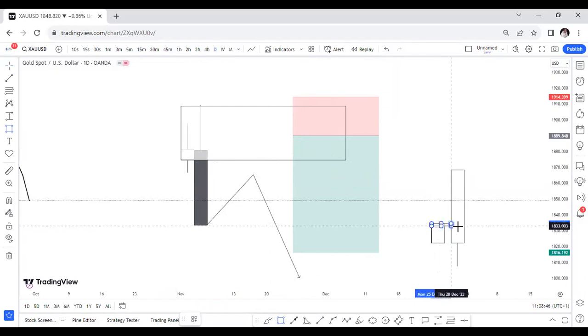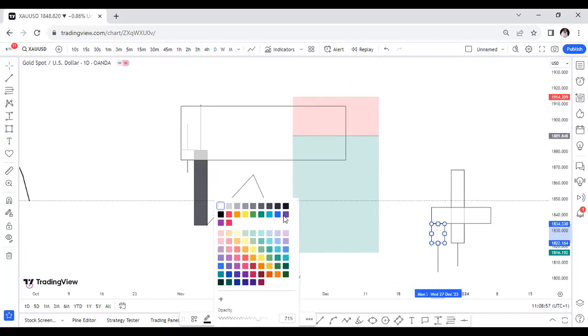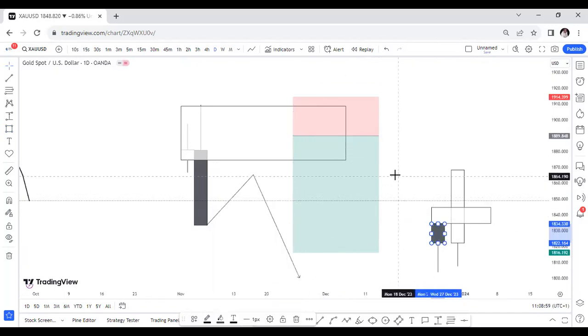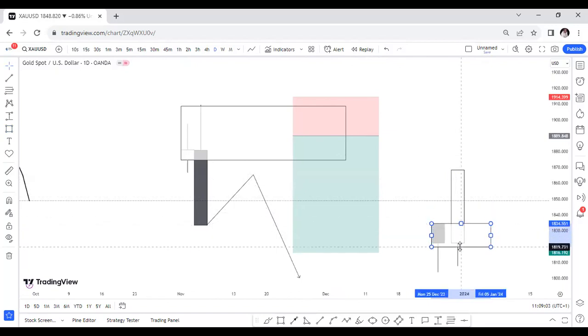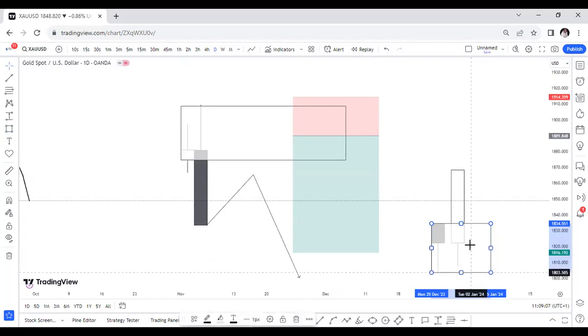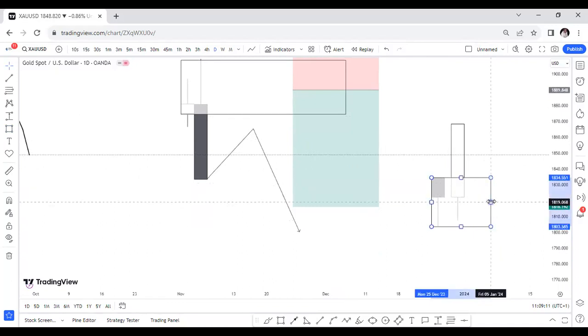Let me drag this forward so that you can differentiate it. You start marking from the top of that body to the low of the engulfed candle. You mark from there to the low of the engulfed candle.